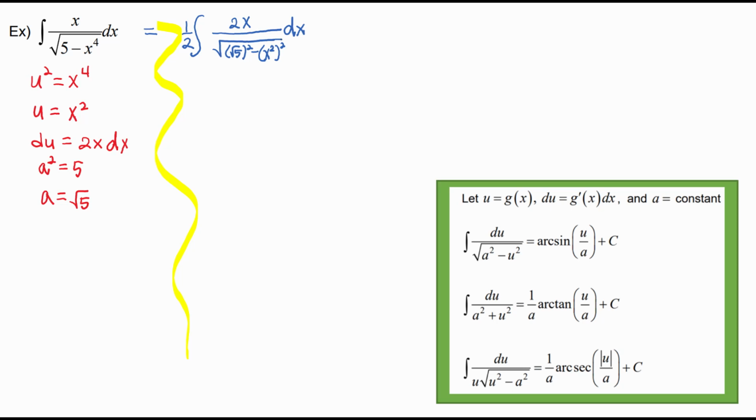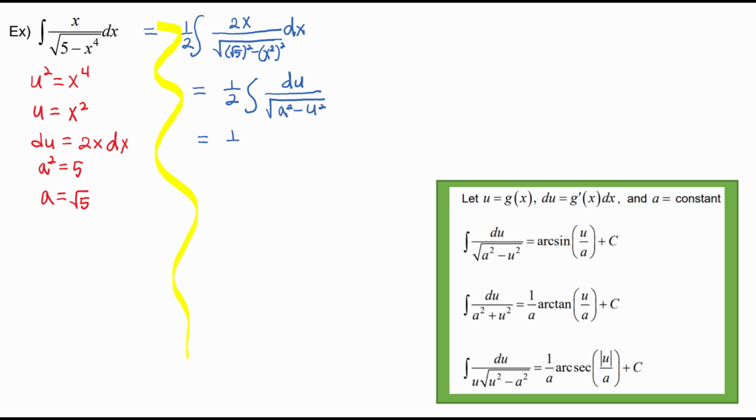So that now this is equal to 1 over 2 integral, 2x dx is my du, over radical a squared minus u squared.